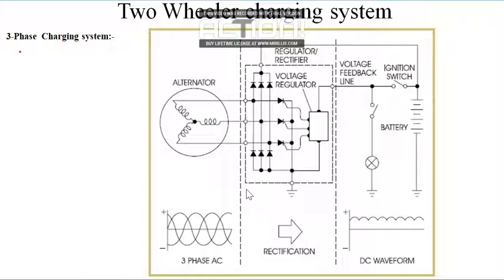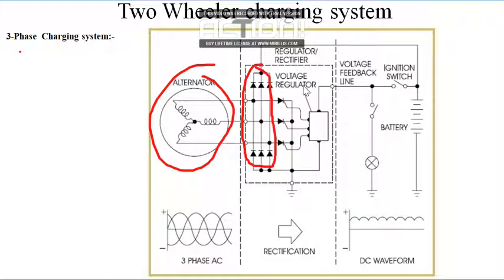So we have completed the charging system of the two-wheeler. Again we can summarize this. This is your alternator, this is your bridge rectifier unit, and this is your regulator unit.